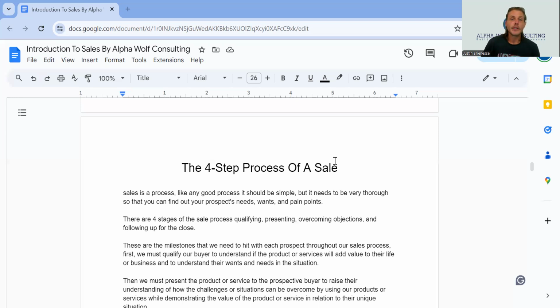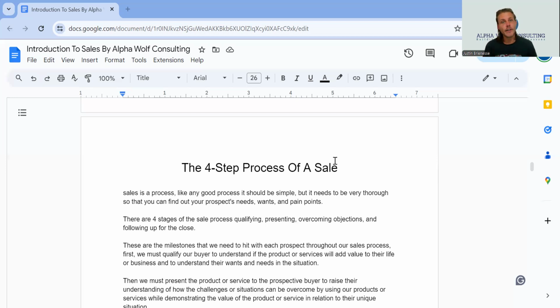So this process is key because without first qualifying our buyers, we don't understand who our buyer is, if they have the capacity to purchase our product, if they have a need for our product, if they have a want or a desire for our product. But we also don't understand much about the potential buyer. We don't understand their motives, and we don't understand the current constraints and challenges that they're going through.